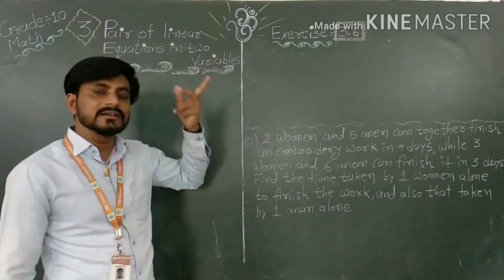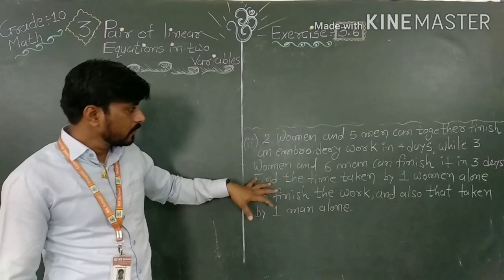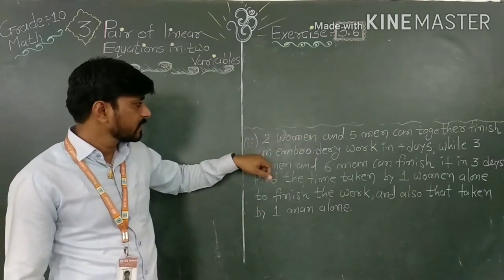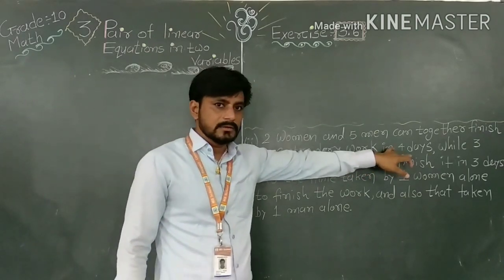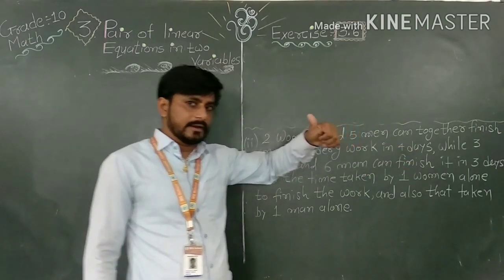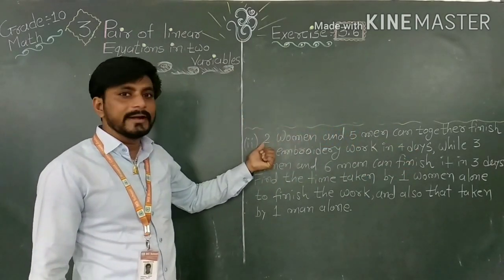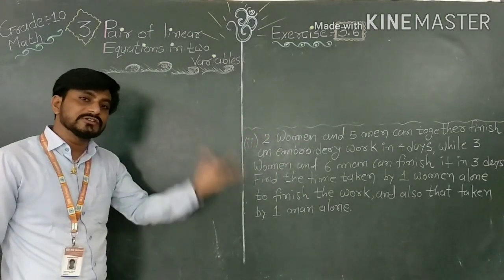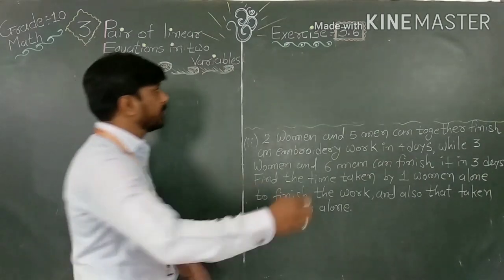Actually, I don't know how many days one woman or one man takes, but we can find it out. So first of all I consider the number of days taken by one woman.